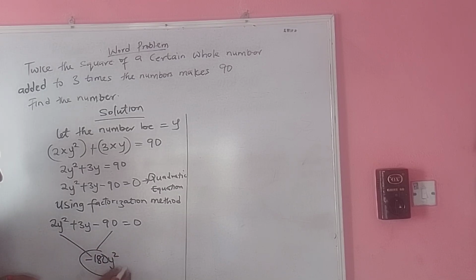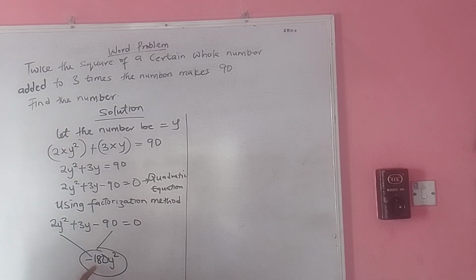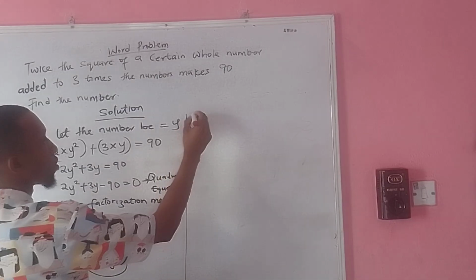So what I should be looking out for is minus 180y squared. Next, I'll look for the factors of minus 180y squared that, when I add, give me a positive 3y. Remember, this has a negative and this has a positive. So I'll look at my factors.